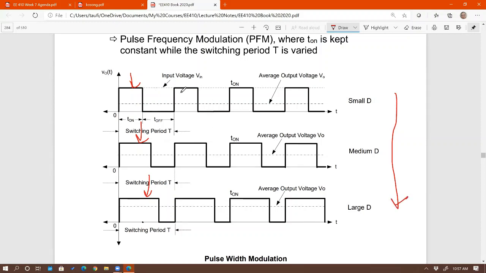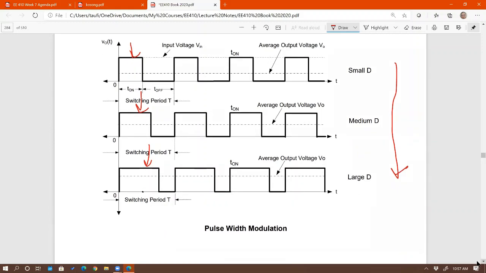That's called PWM if you do it this way. So fixed switching frequency, changing T on, that's PWM, pulse width modulation.